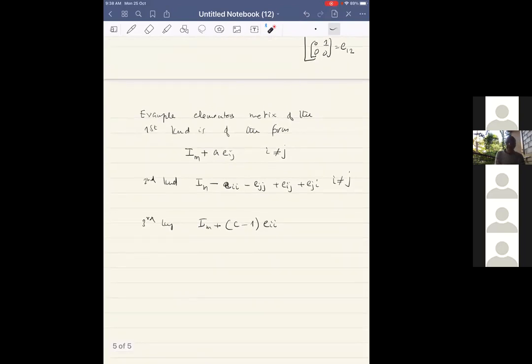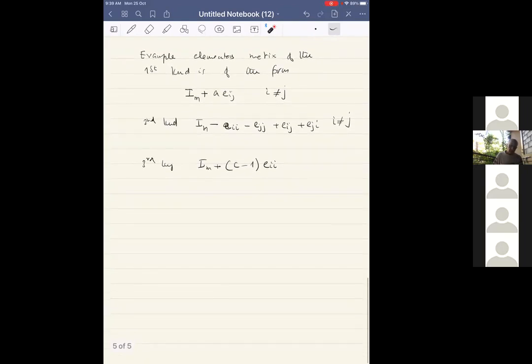Very good. So everybody understands the three types of elementary matrices. Now let us deal with what they do to column vectors of size M. It's easiest to deal with the third kind.